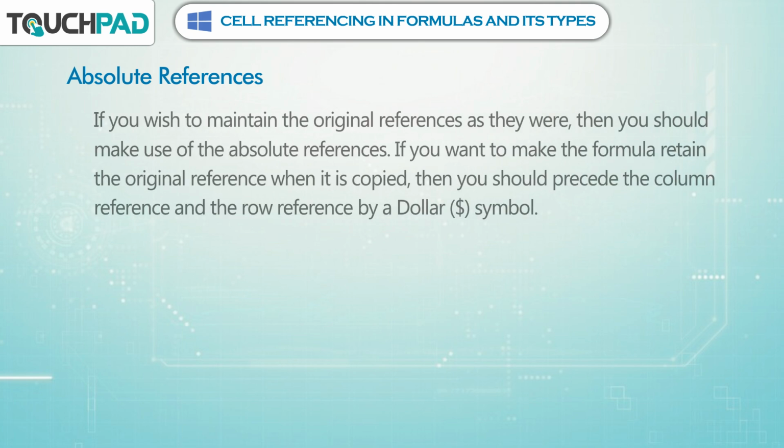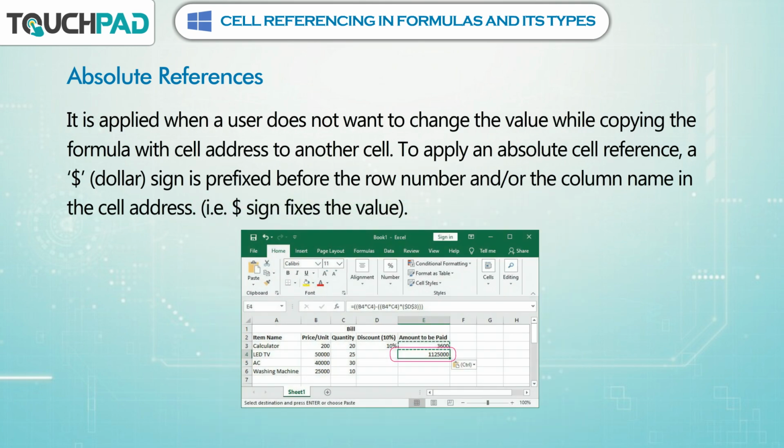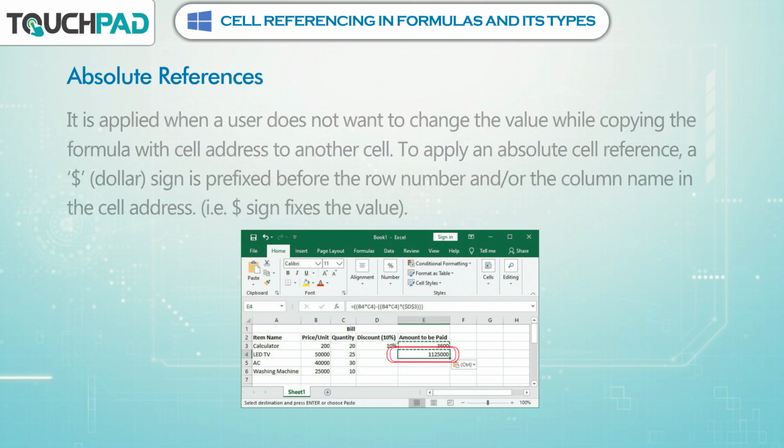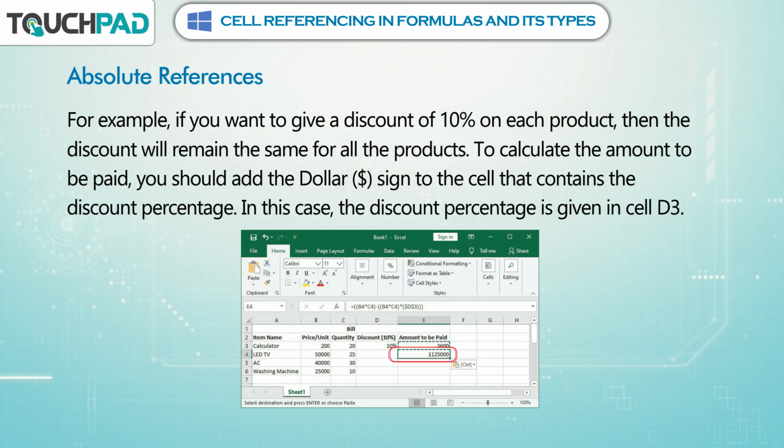Absolute references. It is applied when a user does not want to change the value while copying the formula with a cell address to another cell. To apply an absolute cell reference, a $ sign is prefixed before the row number and/or the column name in the cell address. That is, the $ sign fixes the value. For example, if you want to give a discount of 10% on each product, then the discount will remain the same for all the products.